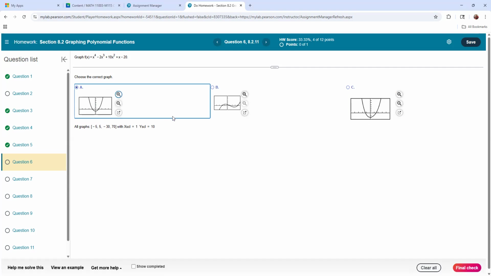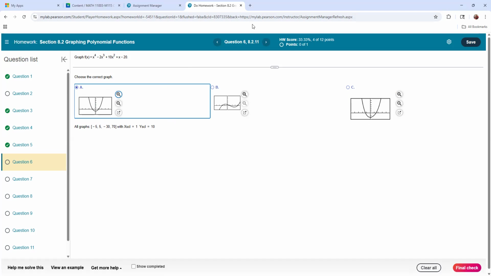So let me show you. You're going to go to your calculator, and let me see what they're setting that window at. So let me draw this real quick. F of x is x to the fourth minus 2x cubed plus 10x squared plus x minus 20.